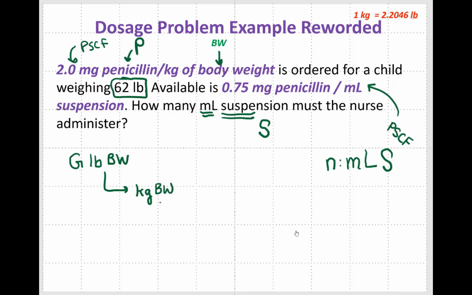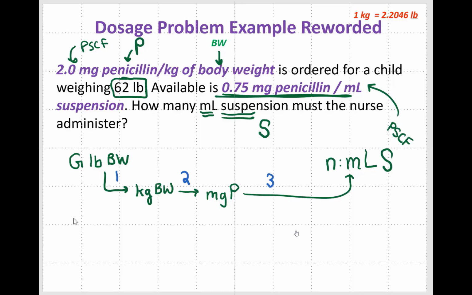Then once we have kilograms of body weight, we can use this problem-specific conversion factor to convert kilograms of body weight into milligrams of penicillin. And then once we have milligrams of penicillin, we can use this problem-specific conversion factor to get to milliliters of suspension. So this is a 1, 2, 3-step problem.